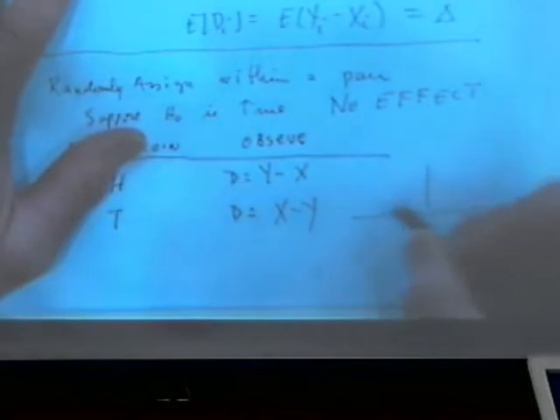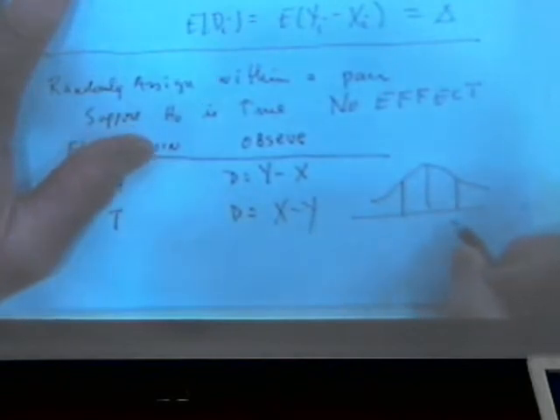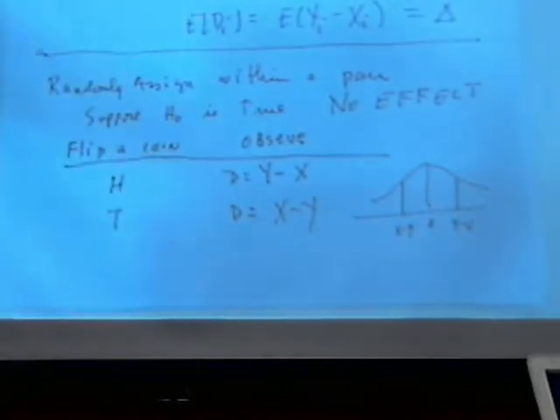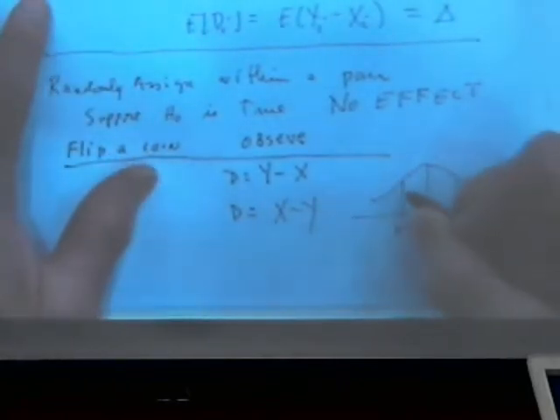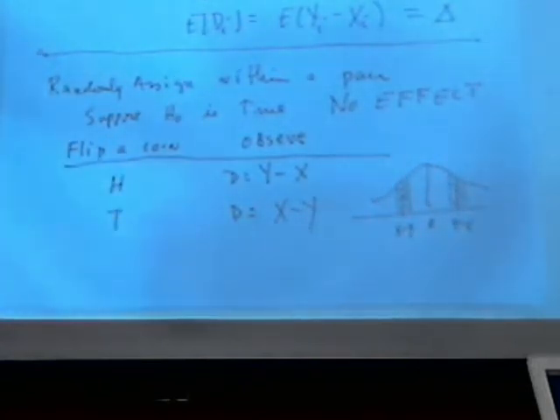So when you're looking at the distribution of these, here you observe y minus x, here you observe x minus y, and it's just on a flip of a coin. So these have to be equally likely. The d's are symmetric about 0. They have to be, right?